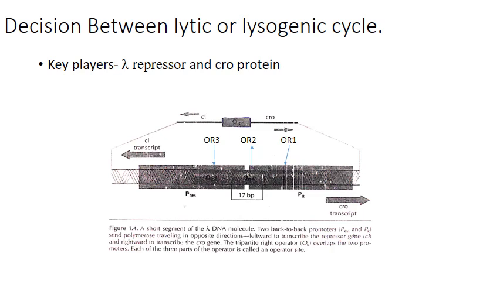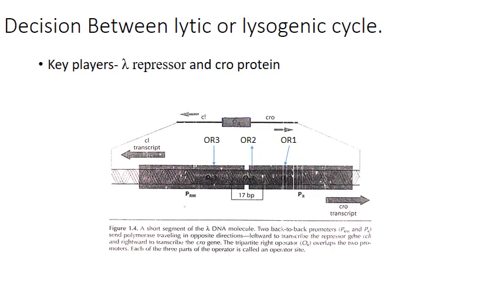The PRM, which is the promoter of repressor maintenance, as the name suggests, is the promoter for the CI gene, which is going to code for our lambda repressor protein, and the PR, which is the right promoter, is the promoter for the Cro gene.